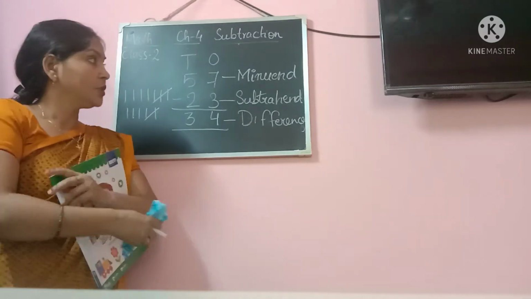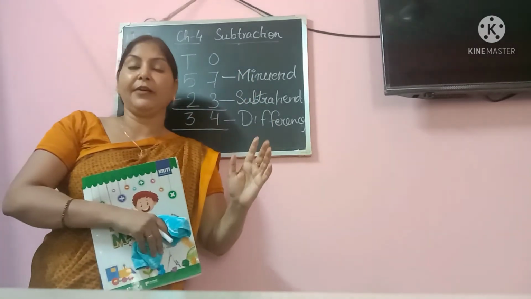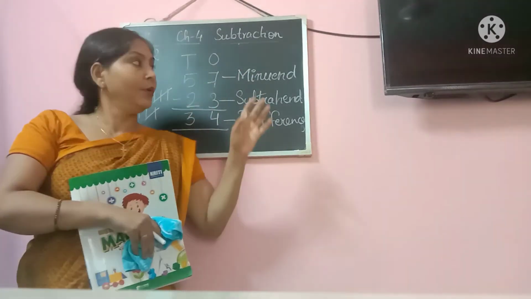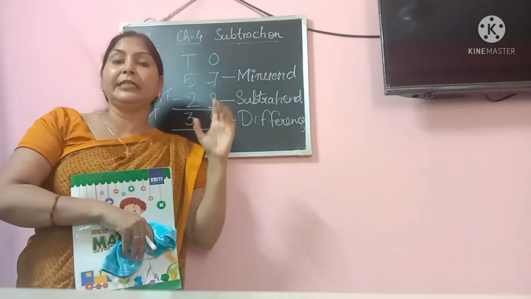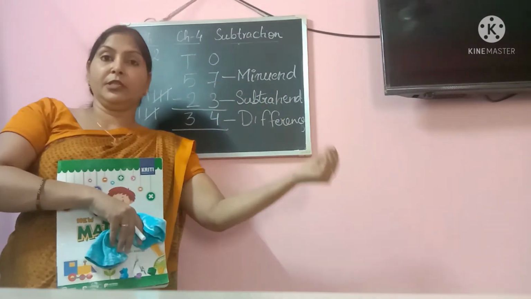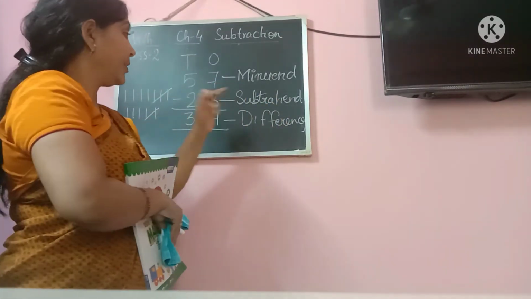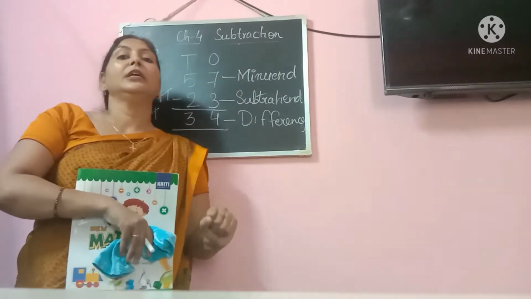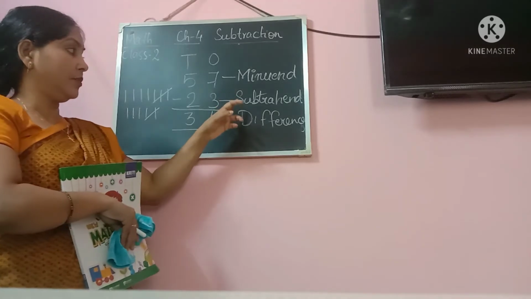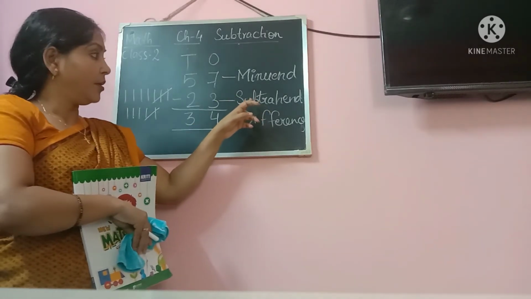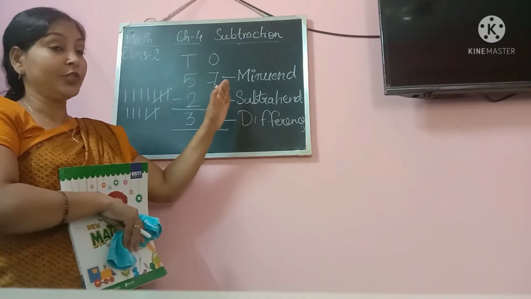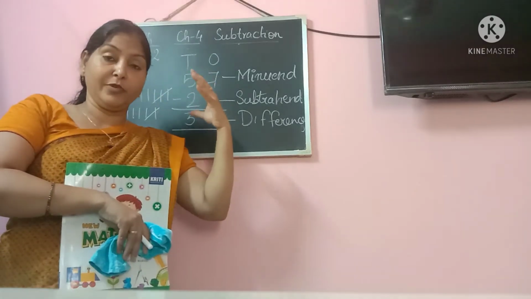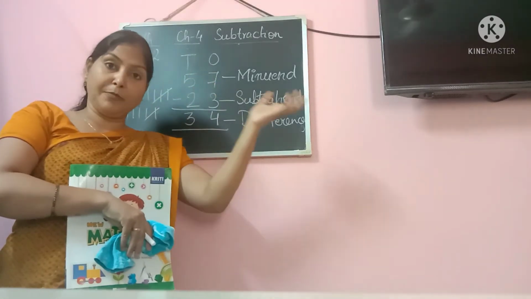Alright, so these are the 3 new terms which we have learned in this class. One is minuend: the larger number from which the smaller number is subtracted. Subtrahend: the smaller number which we subtract from the larger number.